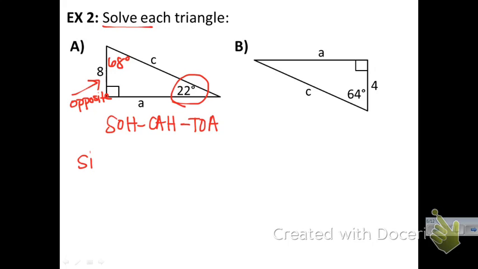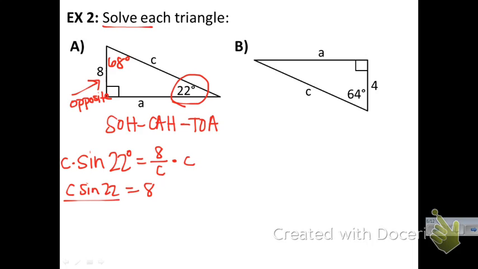The first one I'm going to say sine of the angle that we have, so sine of 22 degrees is equal to your side opposite over the hypotenuse. In this case it's C. And the fast way to do this is to multiply by C. Or I shouldn't say the fast way, but I'll show you in a minute.